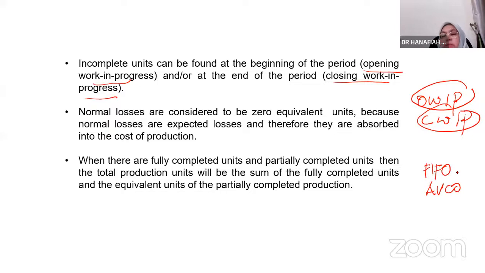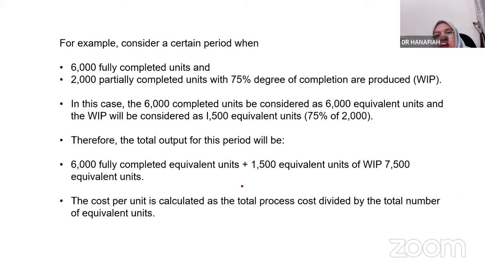FIFO is first in, first out, and the other is the average cost per unit. When there are fully completed units and partially completed units, the total production cost will be the sum of the fully completed units and equivalent units. It is quite difficult for us to read what is actually incomplete and completed.